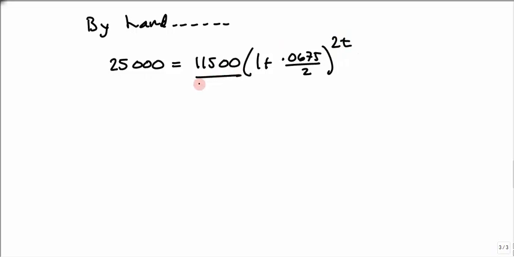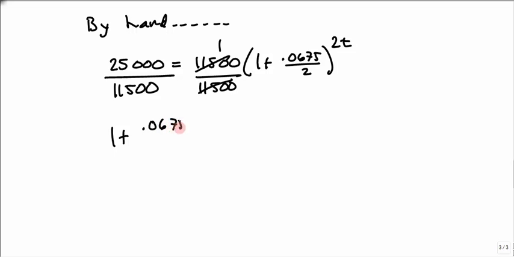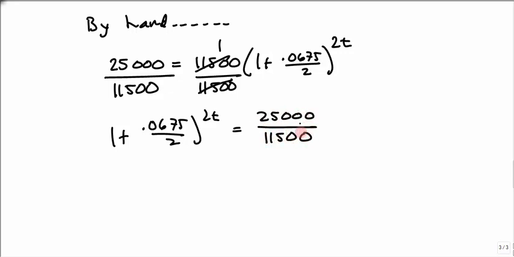To get started, we want to isolate. So I'm going to divide by 11,500 and switch my sides to put my variable on the left. And on my right I have 25,000 over 11,500.